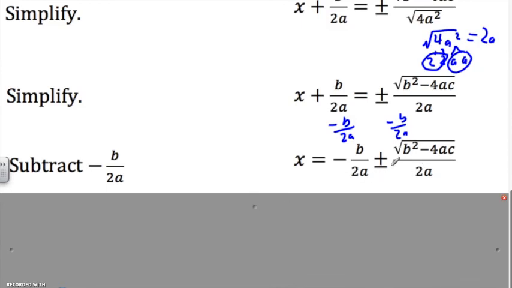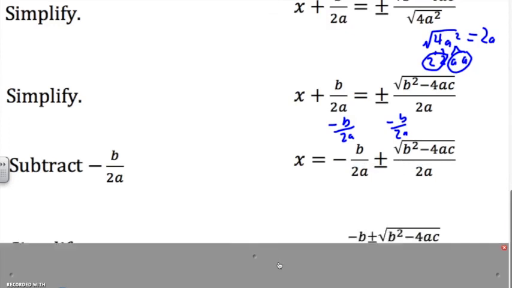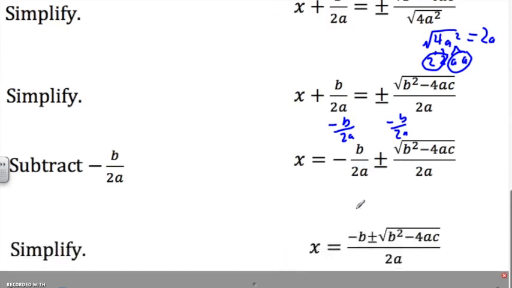Now, we have a common denominator, if you'll notice: a 2a and a 2a. So we are finally going to combine these. I just stuck that negative with the b, negative b. I still have the plus or minus because I don't know which I'm going to do, and I'm actually going to have to do both eventually. Square root of b squared minus 4ac over 2a.